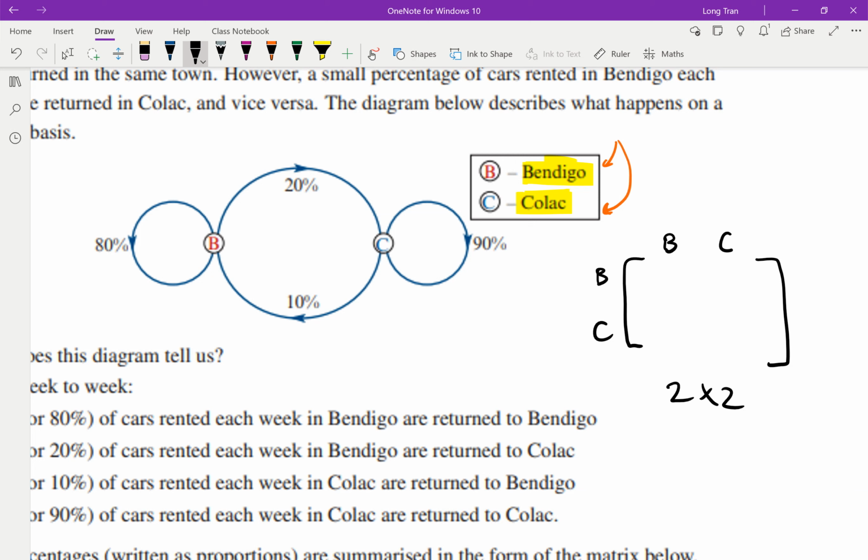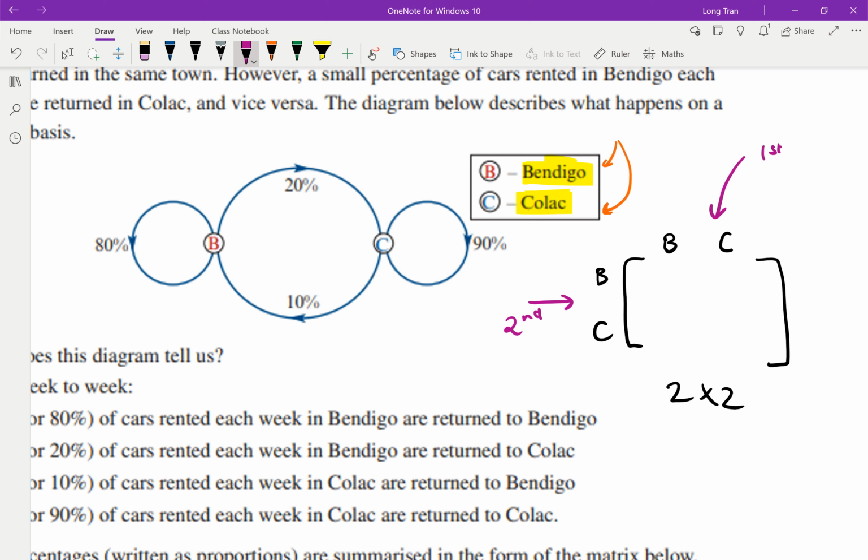If you have more states, that will change it to a 3x3 or a 4x4. We always say the initial event, anything that starts off in the problem, goes up the top first, and then the side is always second.